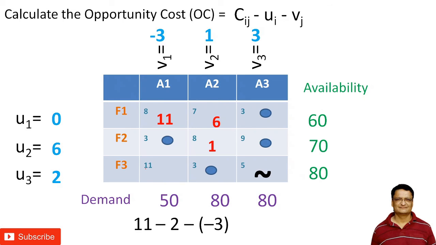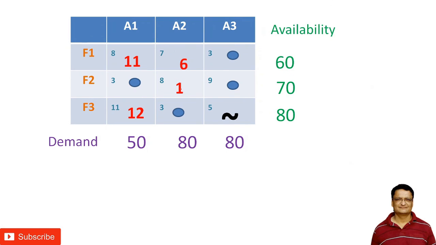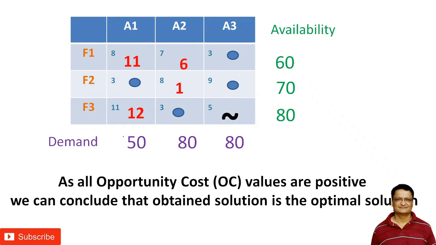It is given by 11 minus 2 minus 3, and it is equal to 12. So now we are ready with all the opportunity costs. As all the opportunity cost values are positive, we can conclude that the obtained solution is the optimum solution.